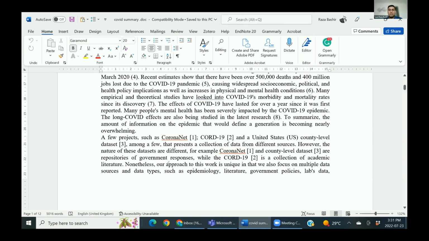These are the major datasets available, but their nature is different. CoronaNet and the county-level datasets are repositories of government responses, while CORD-19 is a collection of academic literature.